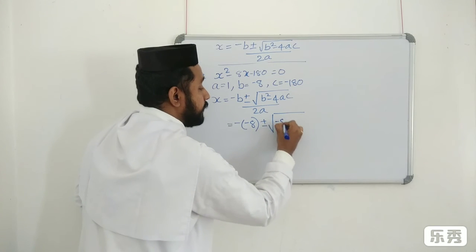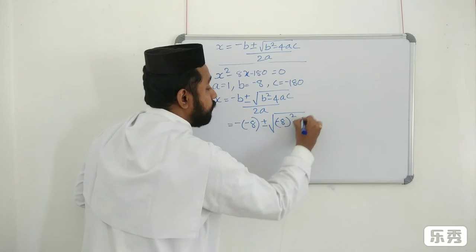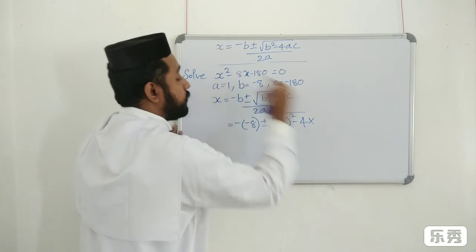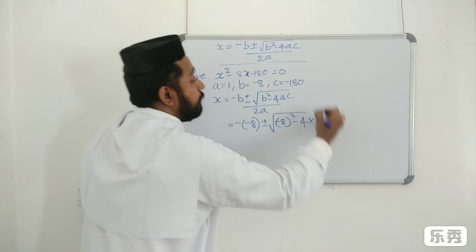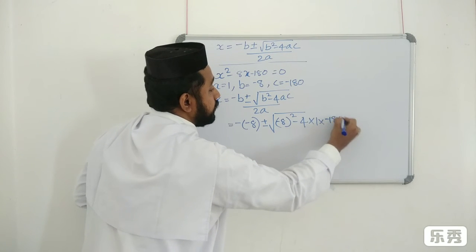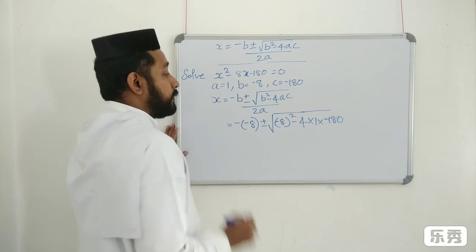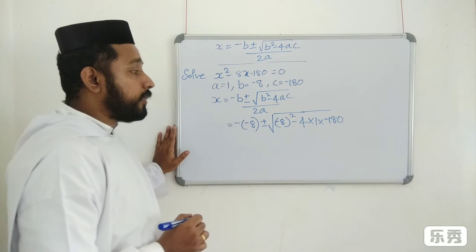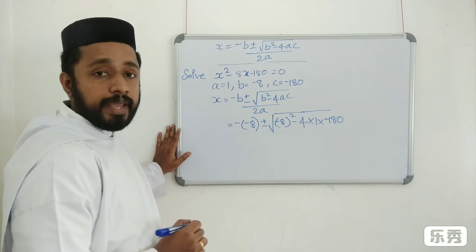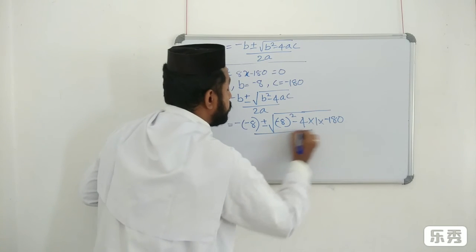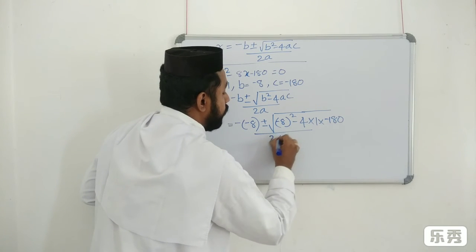That is, minus 8 square minus 4 into ac. A is 1 and c is minus 180. So we got b square minus 4ac, minus 8 square minus 4 into 1 into minus 180, divided by 2 into a, 2 into 1.